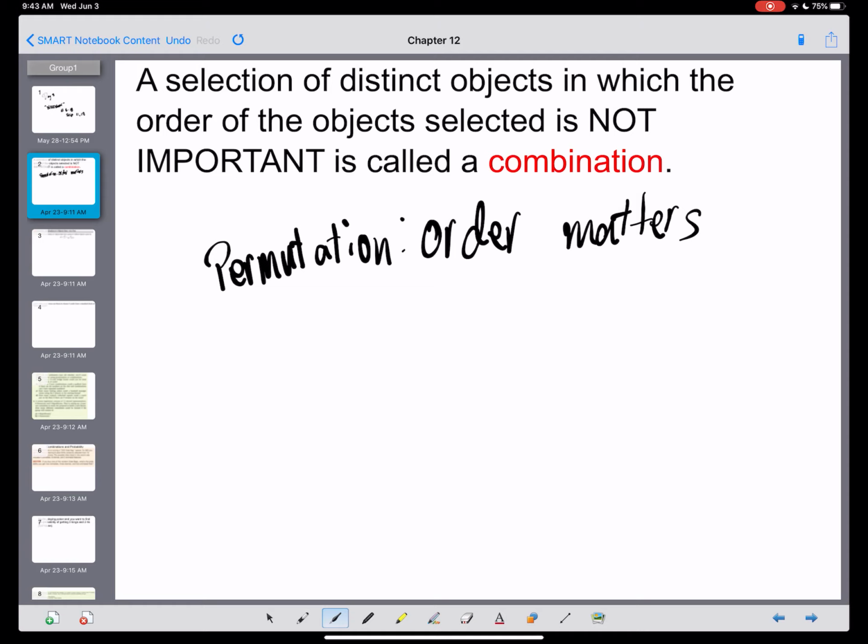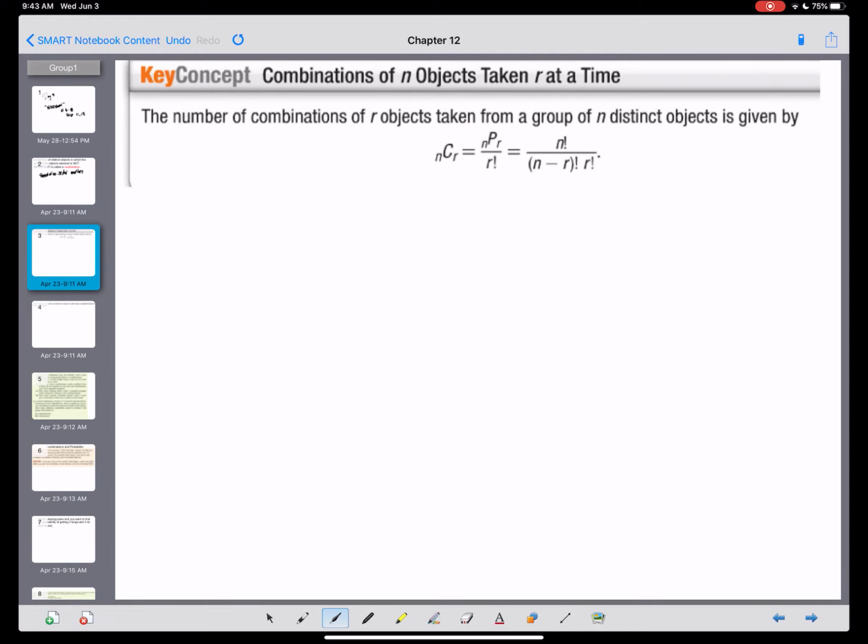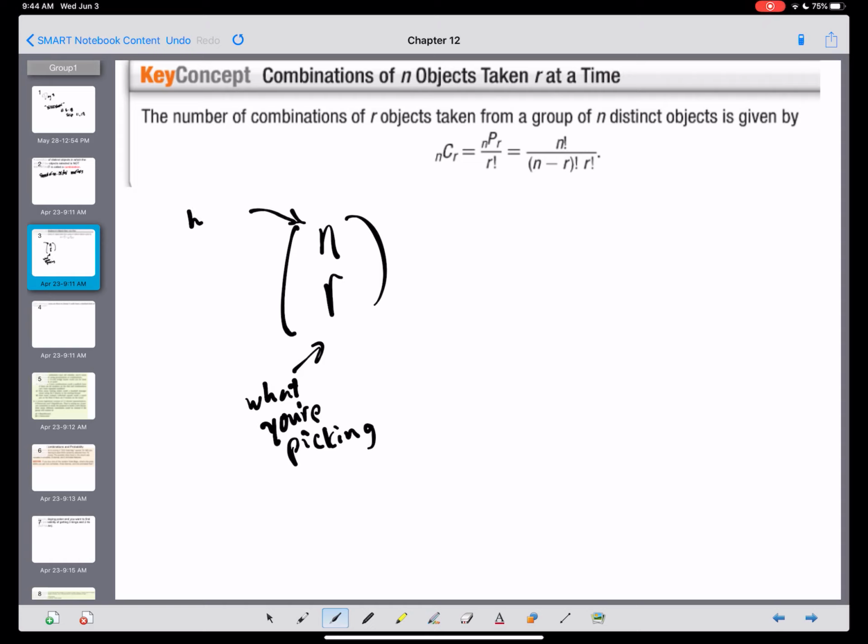This is the formula for a combination. Sometimes I write a combination like this. R is what you're picking, and N is how many things you have. If you have a calculator, your calculator will be able to compute this too.